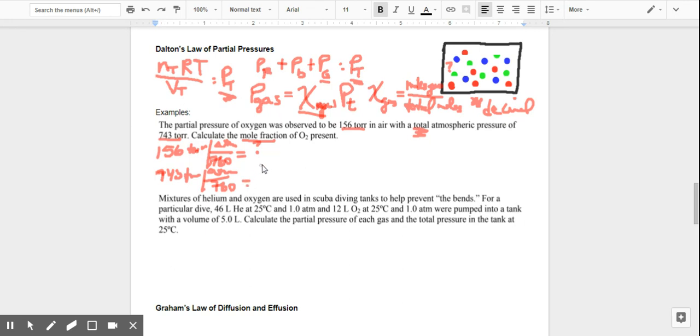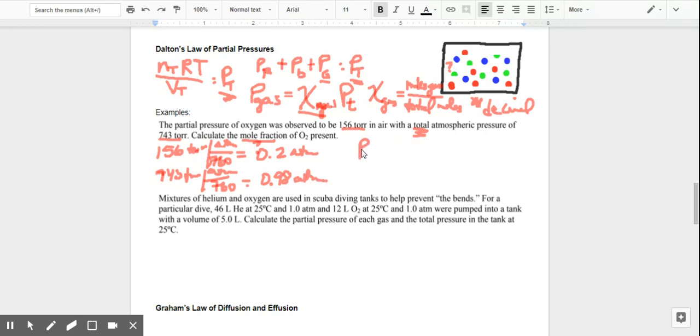And doing that math real quick, we end up getting 0.2 atm for my partial pressure and 0.98 atm for the total pressure.